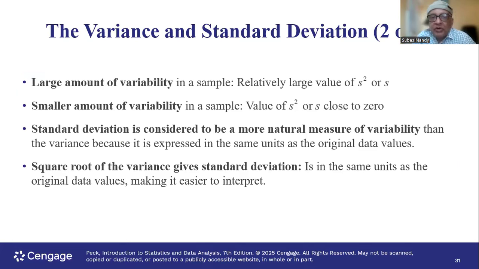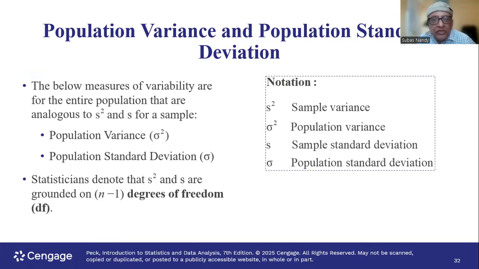So if you have a large amount of variability, you'll have large values of S square or S, and a smaller amount of variability, small value of S square. Standard deviation is considered to be a more natural measure of variability. Square root of variance gives standard deviation.